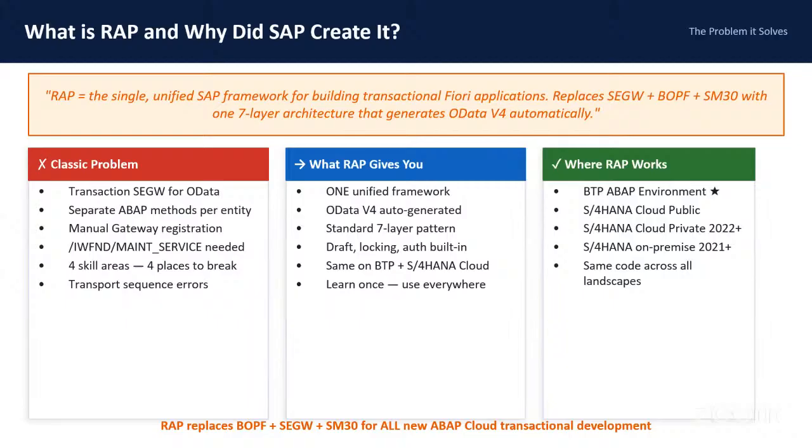If the SAP basis team changes something in the gateway, our app is going to break. And if your CDS view gets transported before our SCGW service, then also our app is going to break. Transport sequence errors alone cause hours of firefighting on these classical projects.